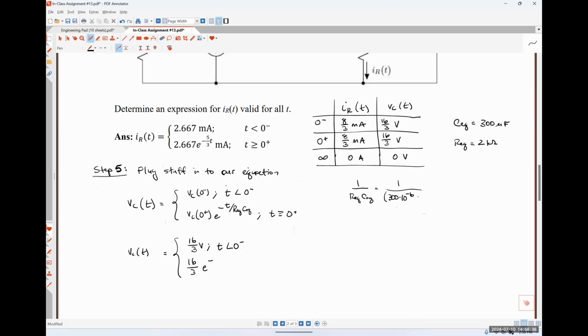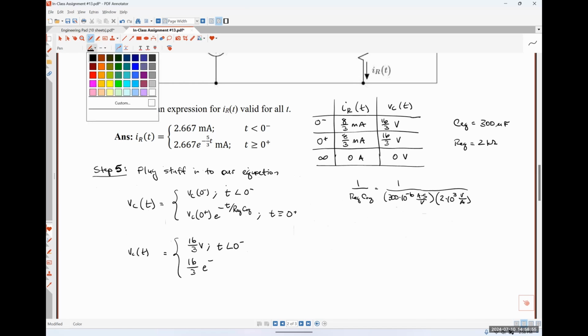Let's see, a farad is an amp second per volt times 2 kiloohms. So that's 2 times 10 to the positive 3. And an ohm is a volt per amp. Let's look at what happens with the units here. So this volts in the numerator cancels this volts in the denominator. This amps in the numerator cancels this amps in the denominator.